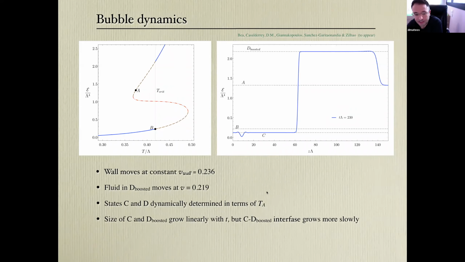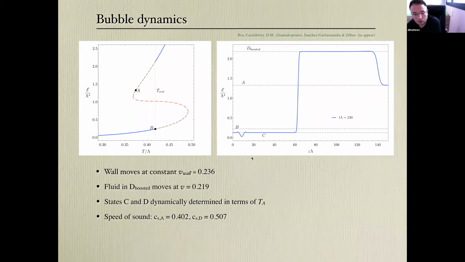However, the interface between this region and A grows a little more slowly than linearly in time. And the reason I'm saying that is just to point out that, strictly speaking, even at very late times, the system is not only described by a function of z over t, because different regions grow with different powers of t.